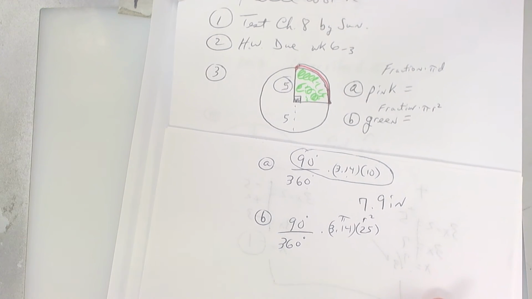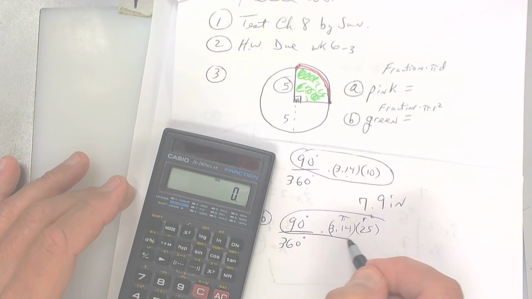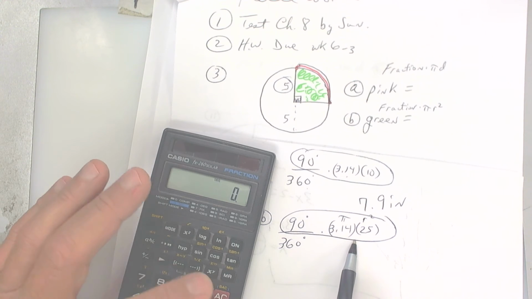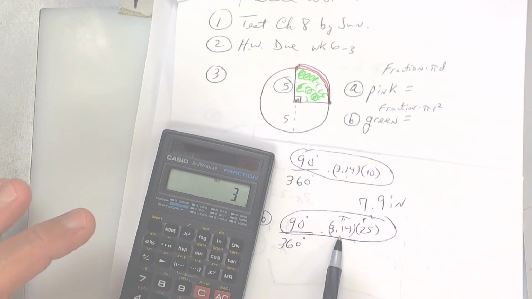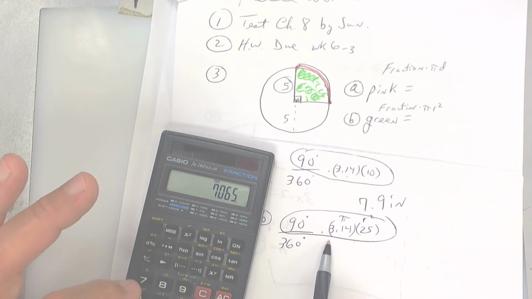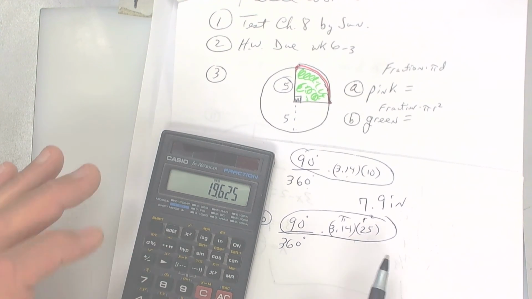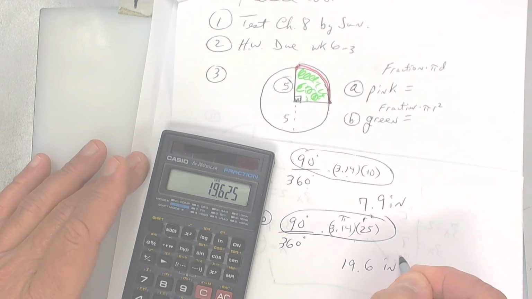So get your calculator. Now this is area, so it's going to be 90 times 3.14 times 25, press equals, divide by 360, and whatever you get is your answer. So it's going to be 19.6 square inches.